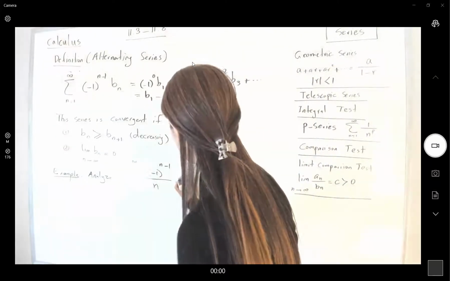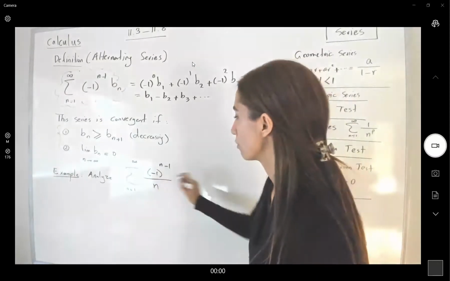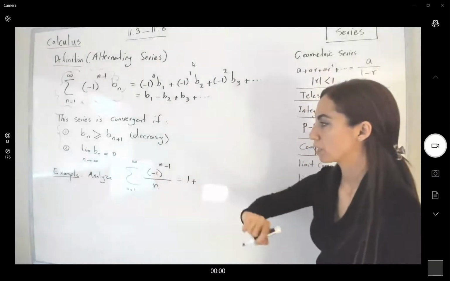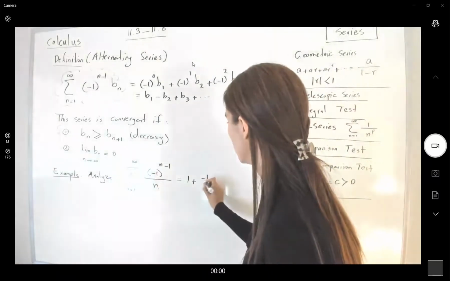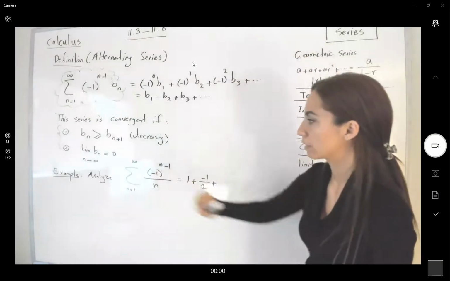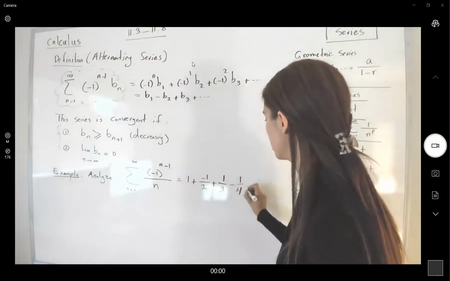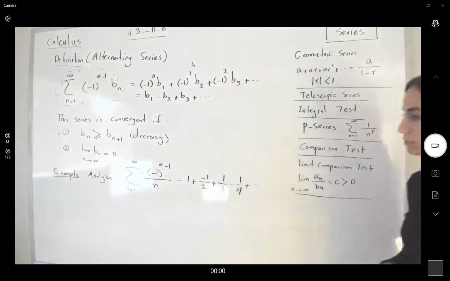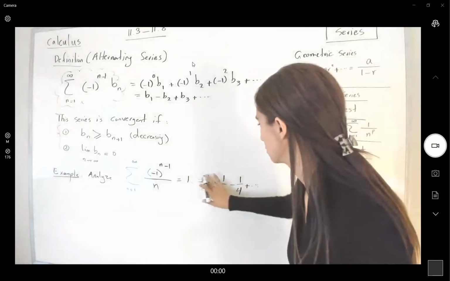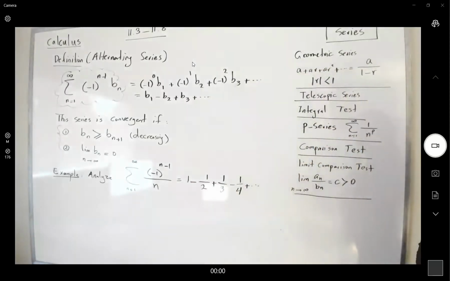So if we want to list some of the terms, it's going to be -1 to the power 0 divided by 1, plus -1 raised to 1, which is -1 over 2, plus -1 raised to 2, a third, minus a fourth, plus the rest of the terms. Alternating series. So is it convergent?